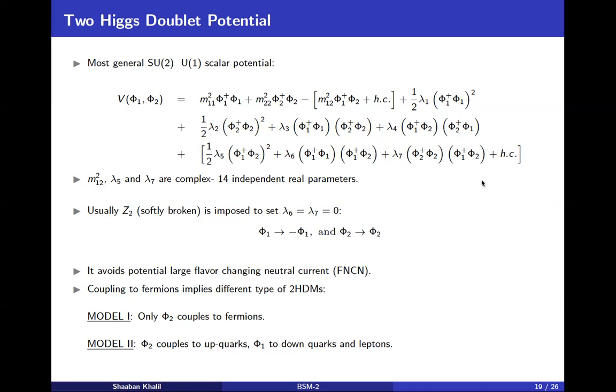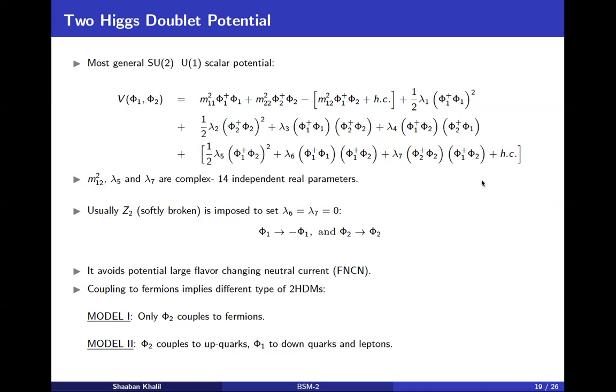Let us discuss now the potential. The two Higgs doublet potential will be much more complicated than the standard model potential, and it will be like we have phi 1 squared, now we call it m11 squared, phi 2 squared, m22 squared, and so on. And you have a mixing term, phi 1 phi 2 as a mass term, m12 squared. You have lambda 1 phi 1 to the 4, lambda 2 phi 2 to the 4.